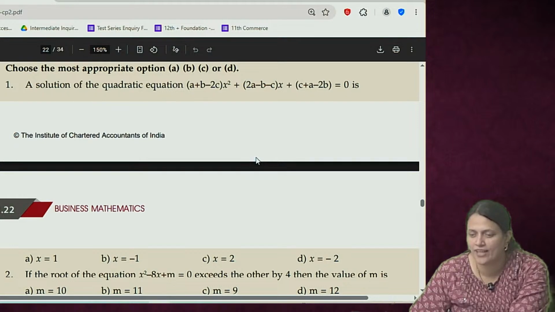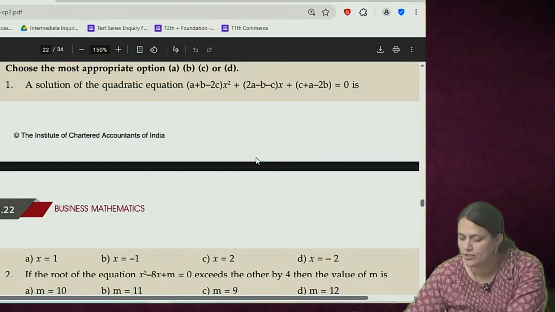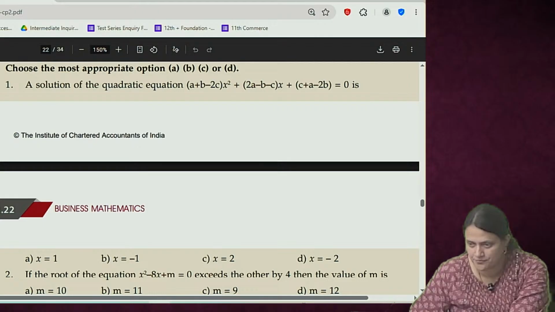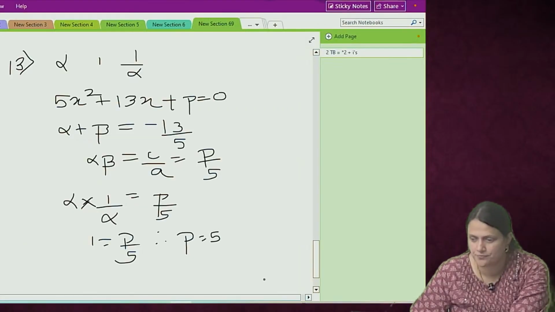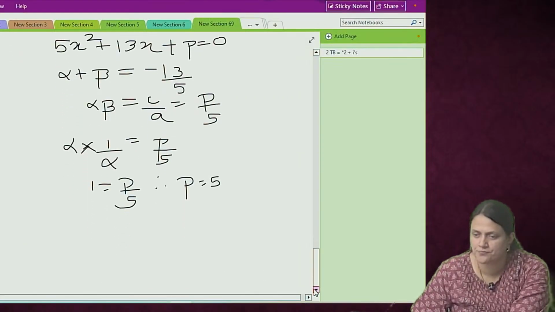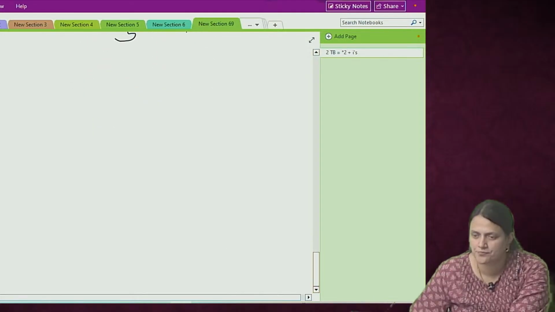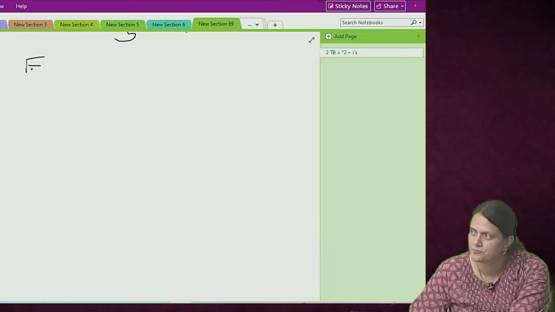Find out which is the correct option. Chalo, you tell me the option. Exercise G, the first one.